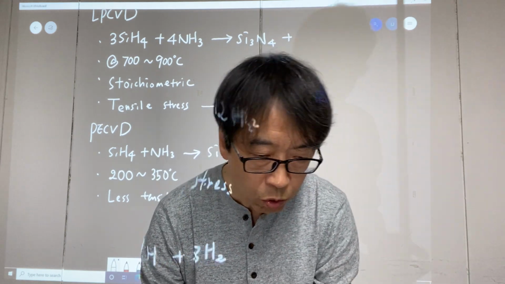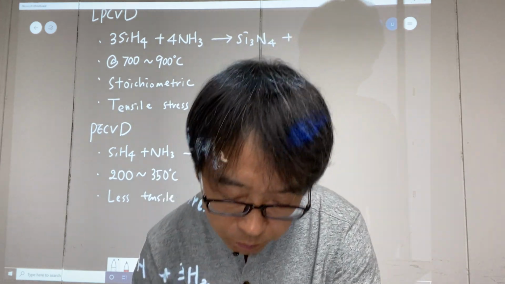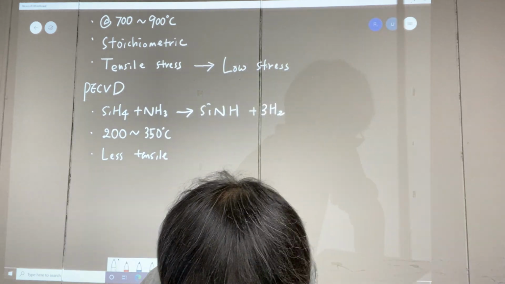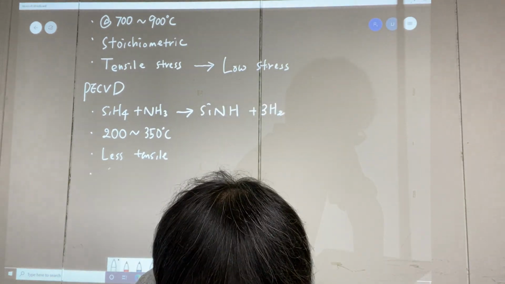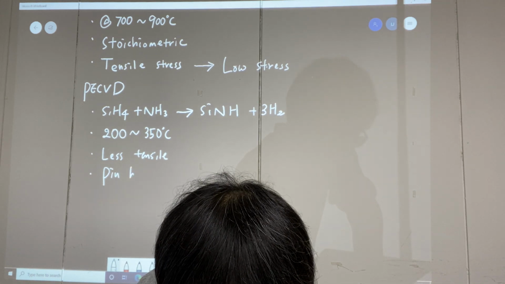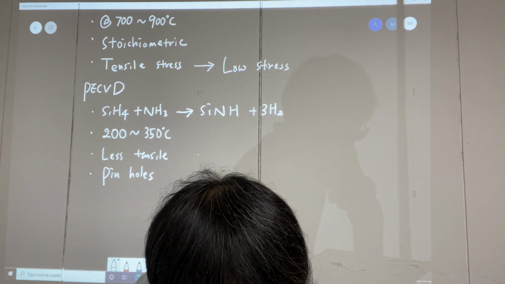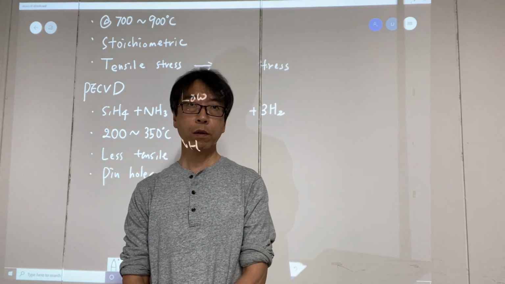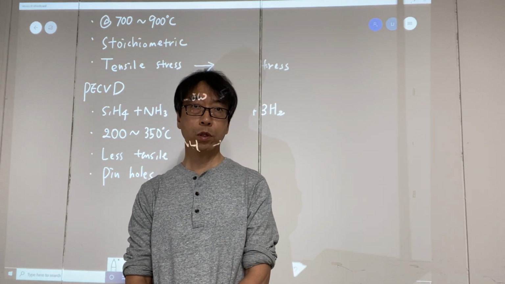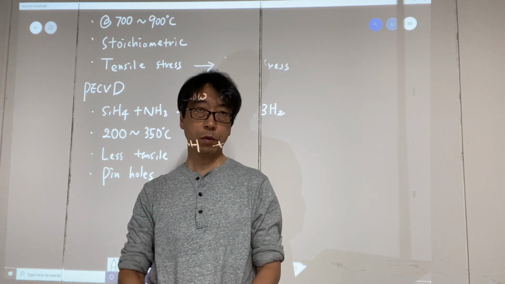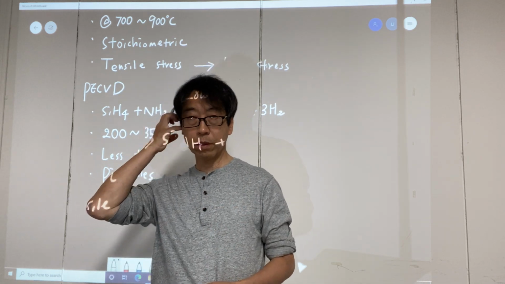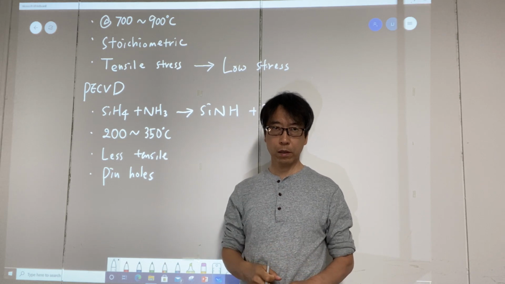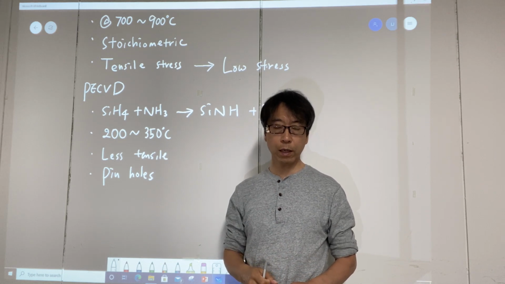And PECVD is normally less tensile. But the problem is pinholes. Of course, as I explained, normally you will obtain low quality films at low temperature, for example, PECVD. So there are compromising strategies that you need to use, right?